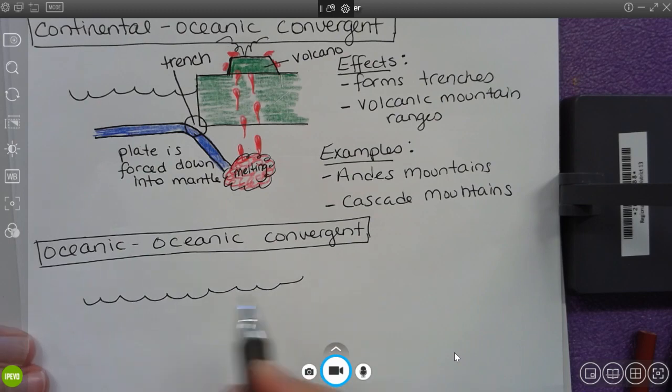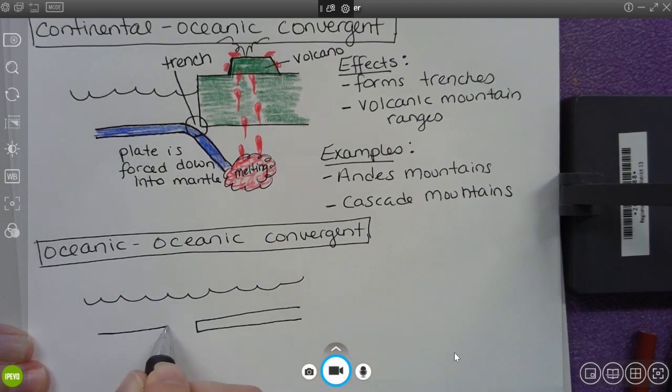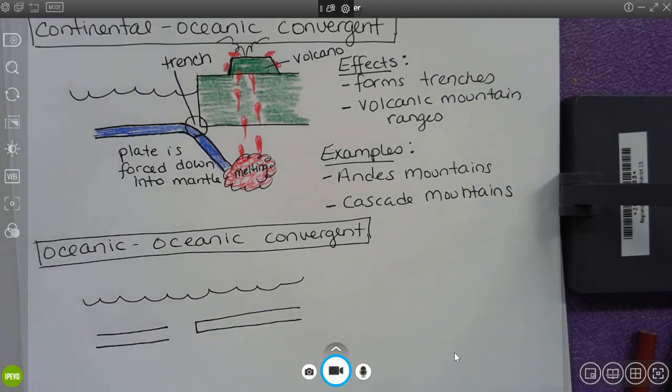All right, and over here, I'm going to have my oceanic plate, and I have my other oceanic plate. Okay, now, if these plates are both made of basalt, right, then they're both considered denser. So what's going to happen is whichever one is more dense for whatever reason, that is the one that's going to subduct.